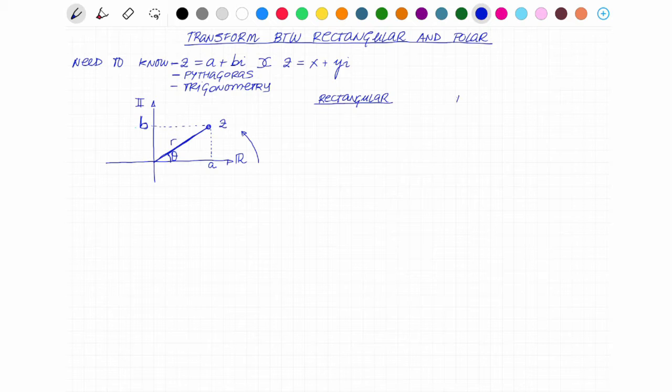One, what we call rectangular form, and the other, what we call polar form.